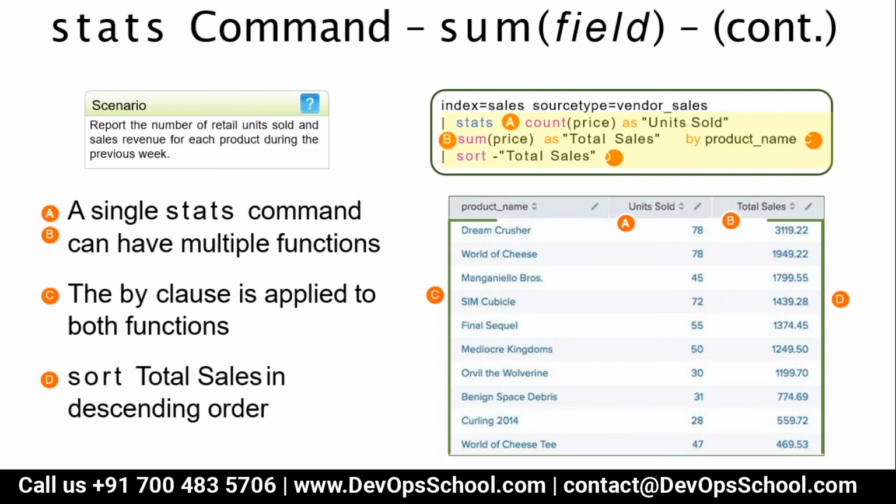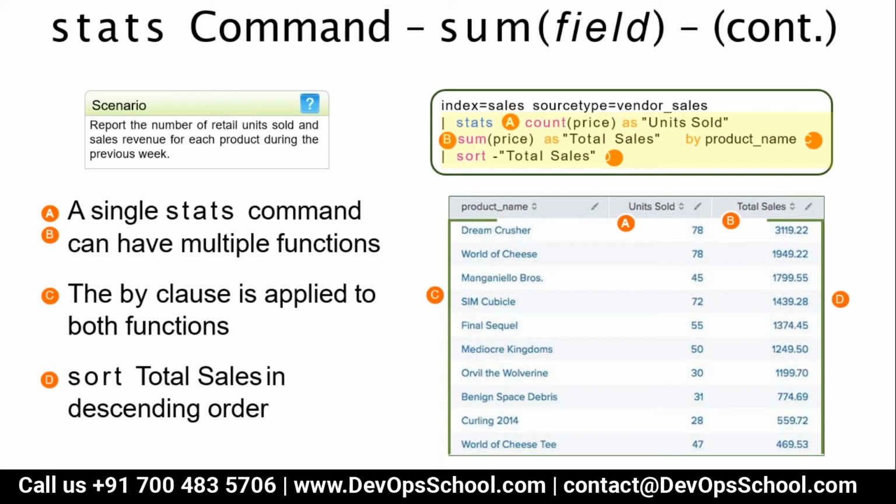Report the number of retail units sold and sales revenue for each product during the previous week. That means someone wants to see the report of the number of retail units sold and total sales revenue for each product during the previous week, from the last 7 days or whatever it is.